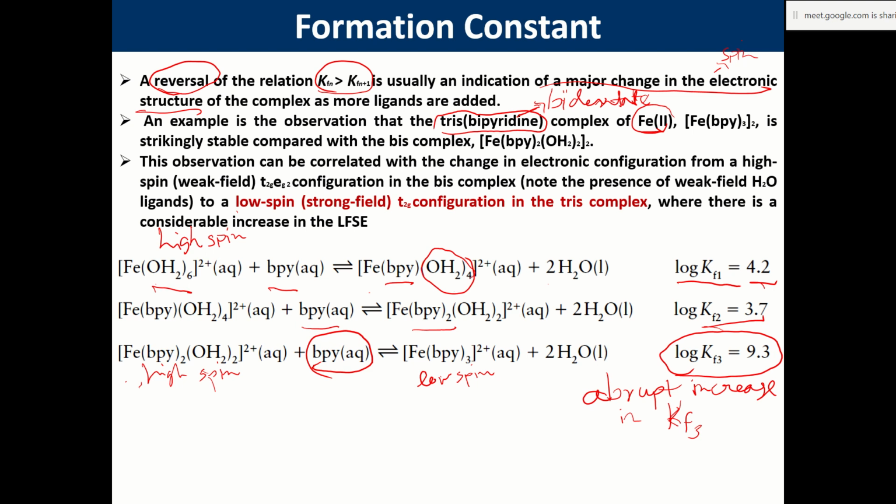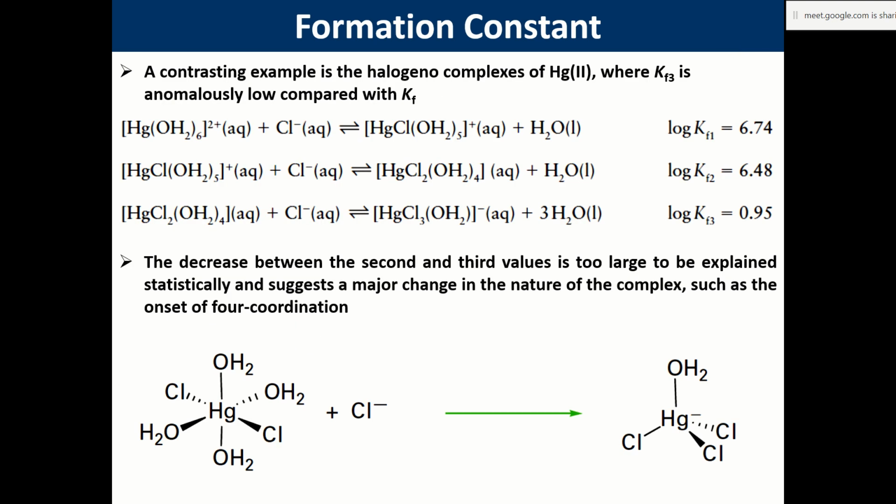It is a D6 system, and a very stable low spin complex is formed. The stabilization increases, and due to the increased LFSE, the formation constant undergoes an abrupt increase in the Kf value. So it is stabilizing the whole system because of this factor.